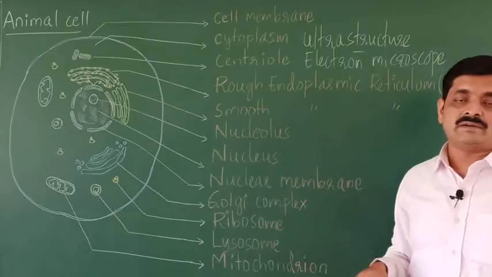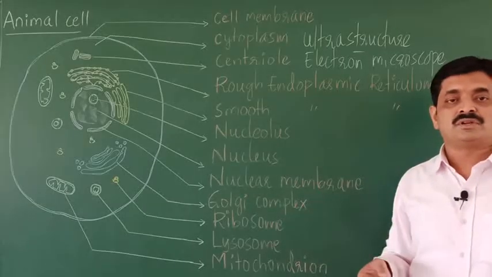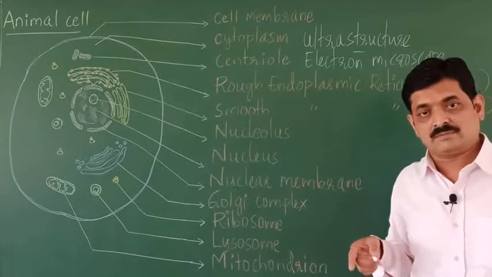So these are some of the parts which can be observed in an animal cell.